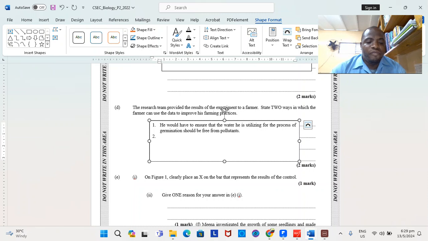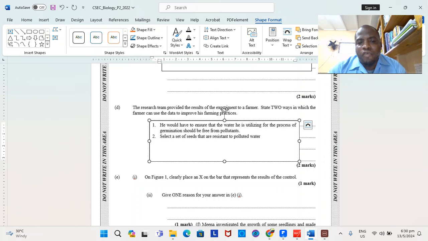The other thing that the farmer can do, what if he doesn't have any choice? One of the things that he probably can do is to select a particular crop that may be resistant. So you can select a set of seeds that are resistant to polluted water.